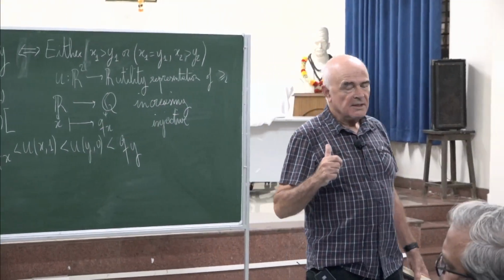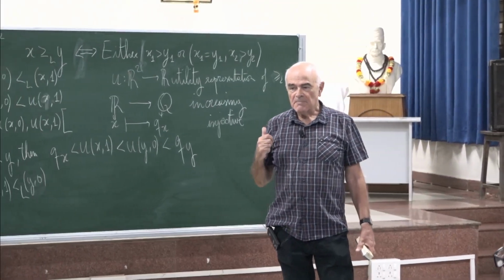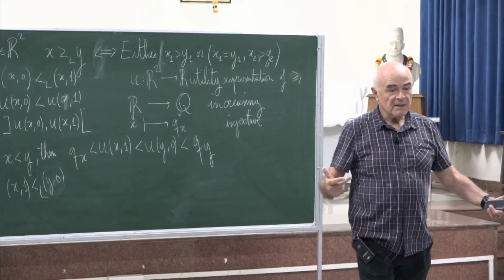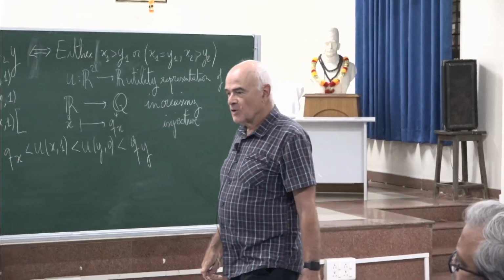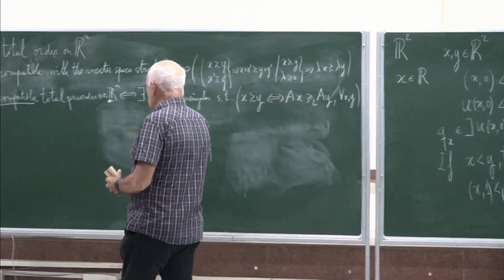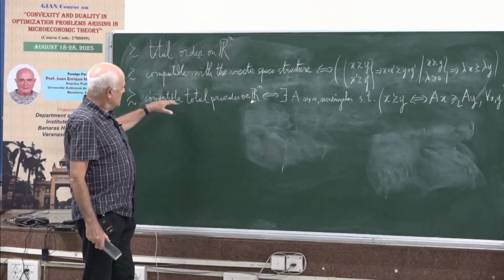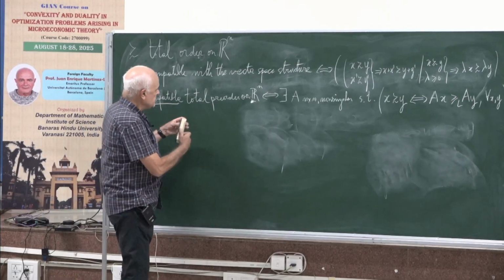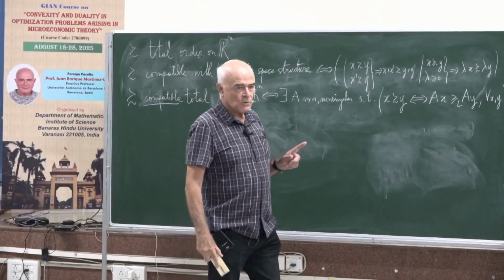This is exactly the opposite of saying that this is a monster. This is the only good compatible order. Sorry, I said preorder, no, order. This is an order, sorry.